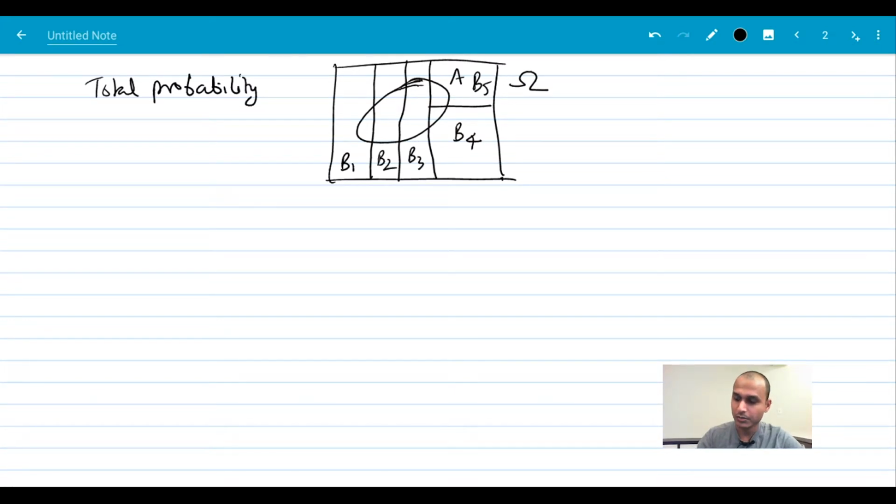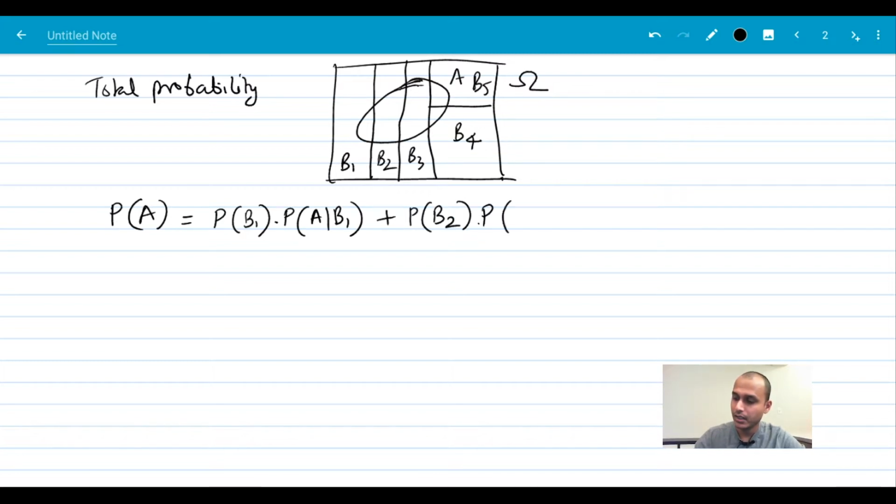The law of total probability says that I can write probability of A as probability of B1 times probability of A given B1, plus probability of B2 times probability of A given B2, plus a couple more terms, plus probability of B5 times probability of A given B5.